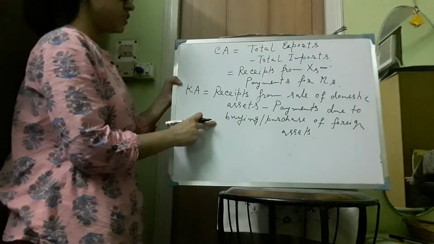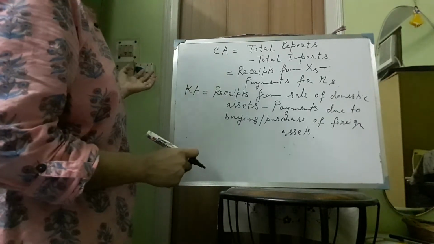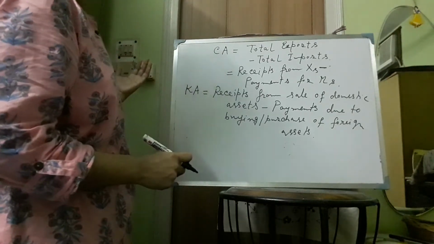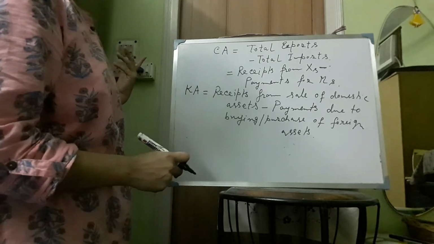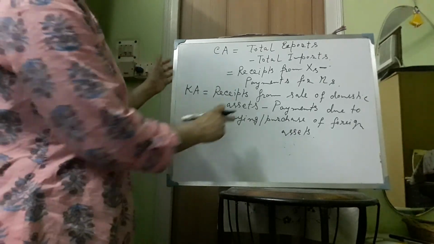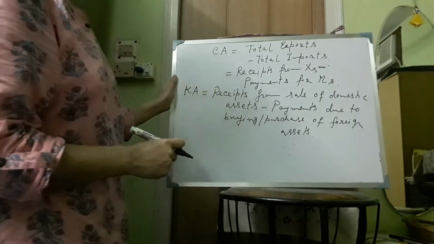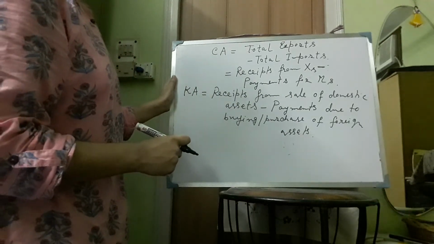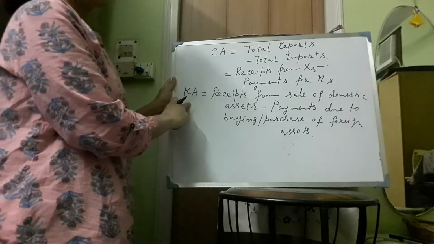So this is the net receipts. Capital account is the receipts from the sale of domestic assets that we are selling to the trading partners, and therefore we are earning foreign exchange. And if we subtract the total payments that we are making for purchasing the foreign assets, then we will get the capital account.